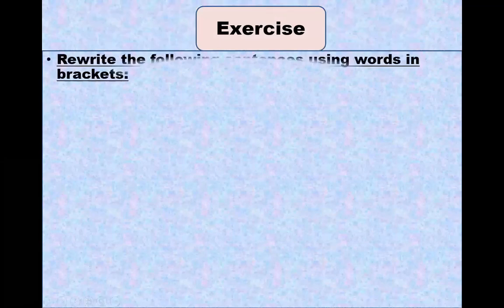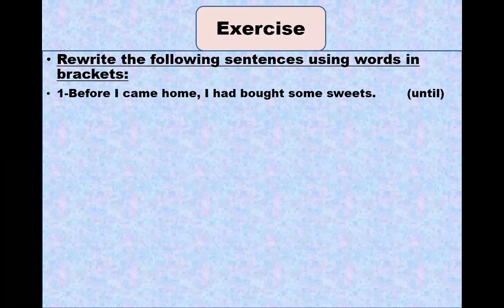Yes. Okay. The first exercise is: rewrite the following sentence using the words in brackets. Number one: before I came home, I had bought some sweets. What is the first action? Had bought some sweets. What is the second action?